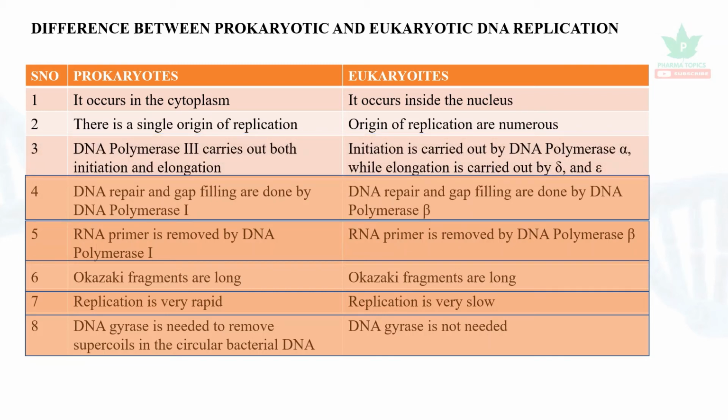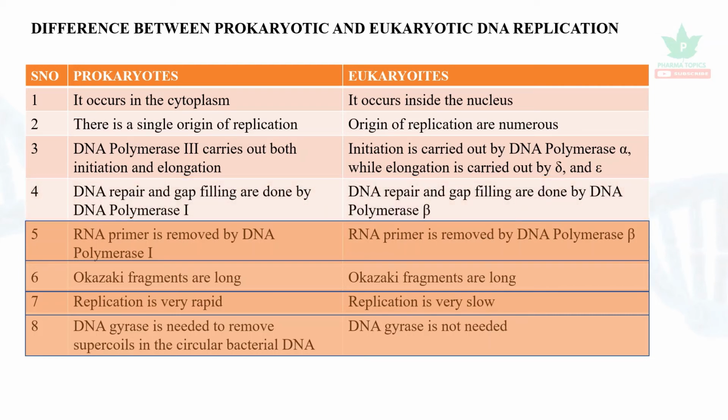DNA polymerase 3 carries out both the initiation and elongation in the prokaryotes. Initiation is carried out by DNA polymerase alpha, while elongation is carried out by DNA polymerase delta and DNA polymerase epsilon in eukaryotes. DNA repair and gap filling are done by DNA polymerase 1 in prokaryotes, whereas they are done by DNA polymerase beta in the eukaryotes.